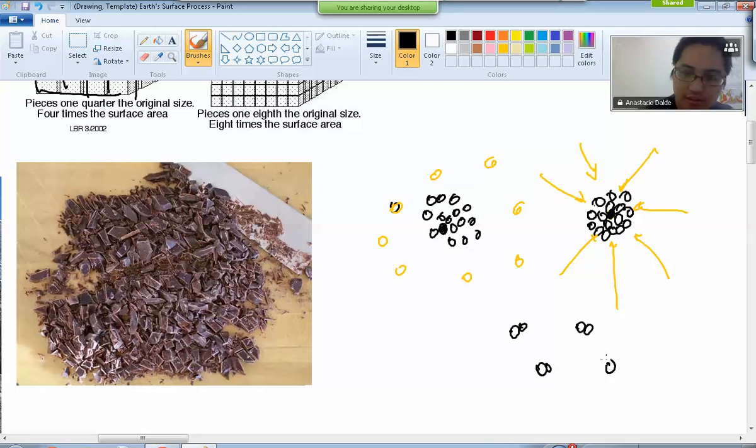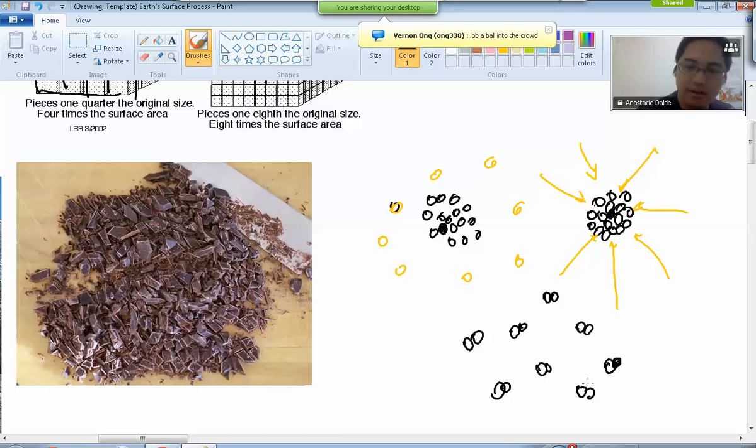Maybe break it up into pairs, you know? So what you probably would do is break it up into smaller pieces, and that way you could hit more people.